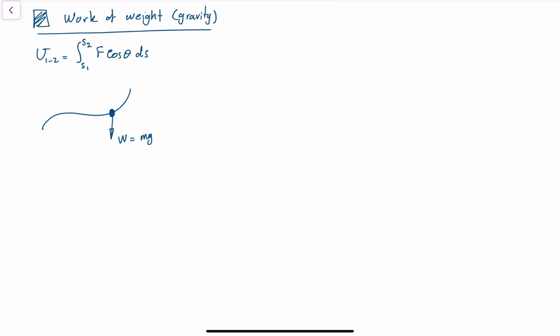As we go from one point, S1, to S2, we want to calculate the amount of work done by this force of gravity. And here is another one of the cases where you need to be kind of clever in how you formulate your problem, which may help you with the solution.